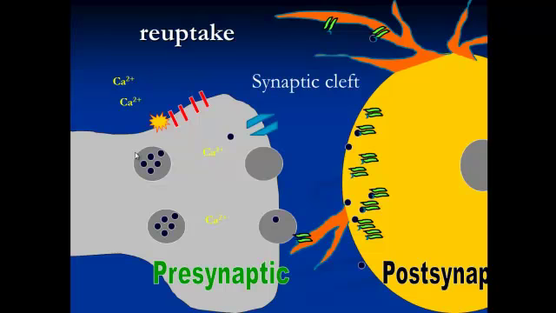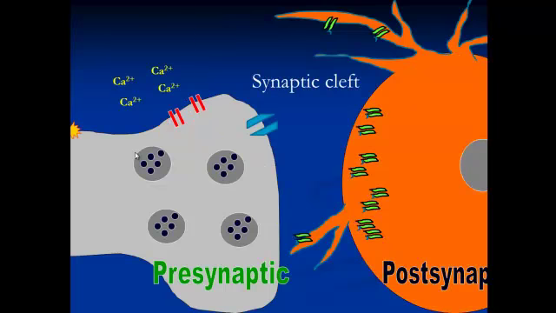Those are called reuptake channels, and you may have heard in other courses something called selective serotonin reuptake inhibitors. These keep neurotransmitters like serotonin from being pulled back into the cell. So neurotransmitters can be released, but they also can be pulled back in.